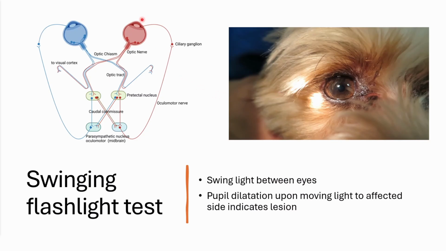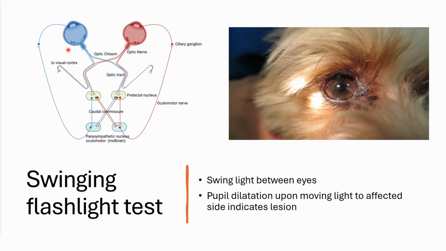So if I have an intact eye, optic nerve and chiasm, when I shine a light into this eye, then because of the decussation here and here, I will get a constriction of the pupil in this eye. Likewise, if I go to this eye, then I should get a constriction in this eye.